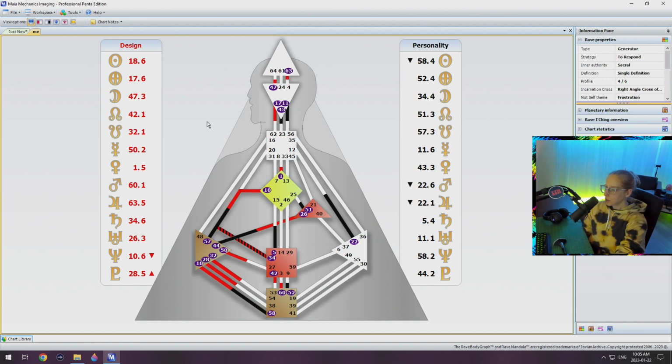So you'll notice, let's just pick a random one here. You'll notice that this 17 here, it's red. It ends up here. Now, this is called a gate. I have the 17th gate, and it makes itself into this chart.